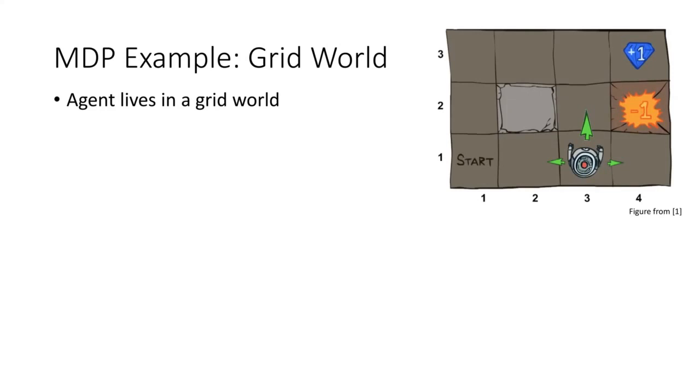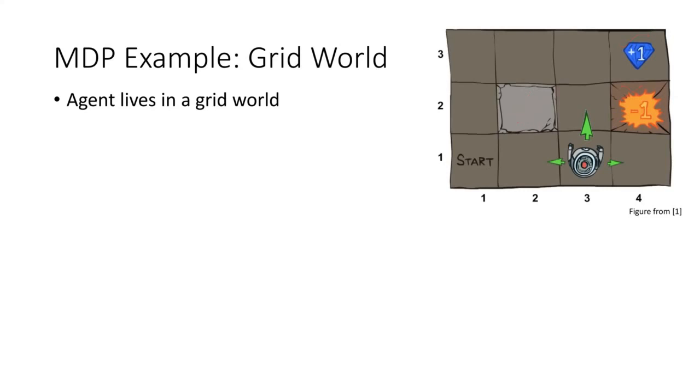This is an obstacle, so the robot cannot go into that square. This is the target that the agent wants to reach, and when the robot reaches there, it will receive a reward of +1. And this is something that the agent doesn't want to go to, because if the agent falls into that square, then it will get a reward of -1.